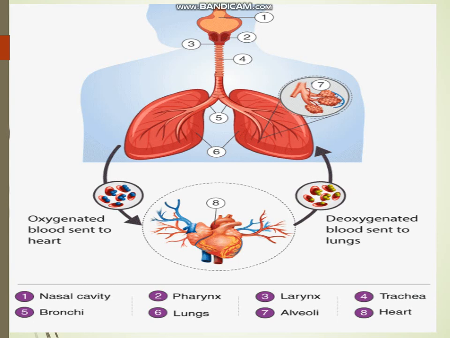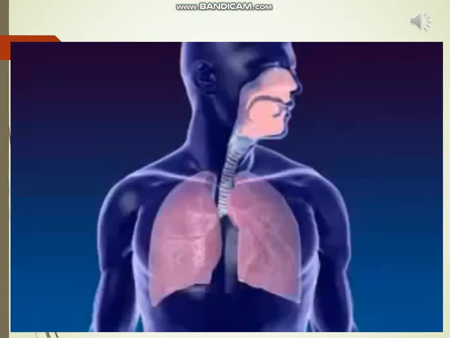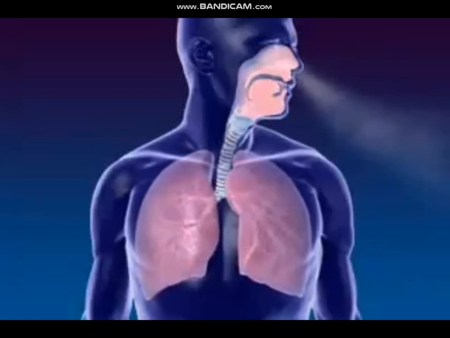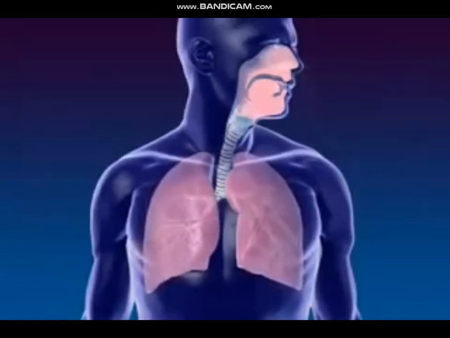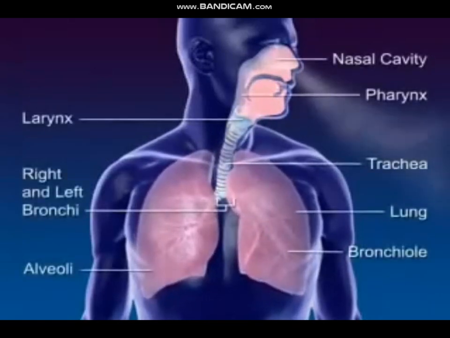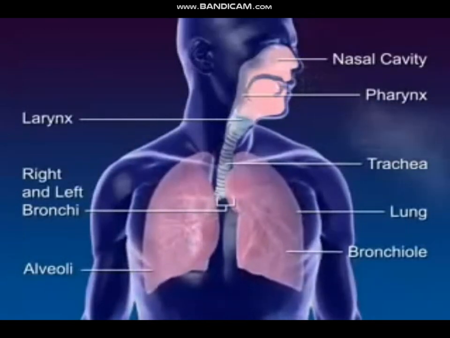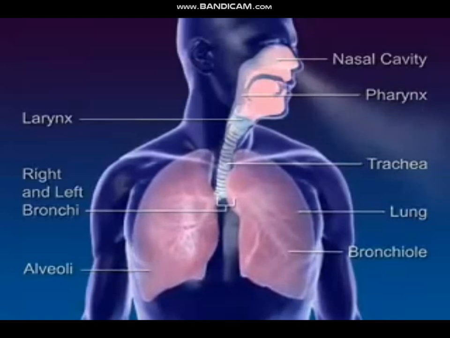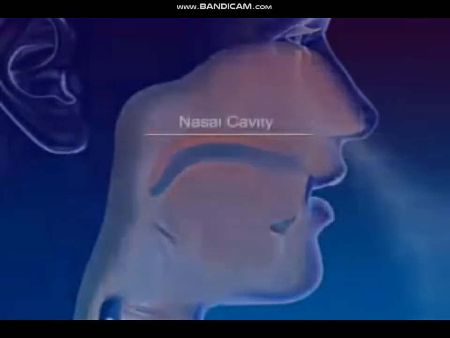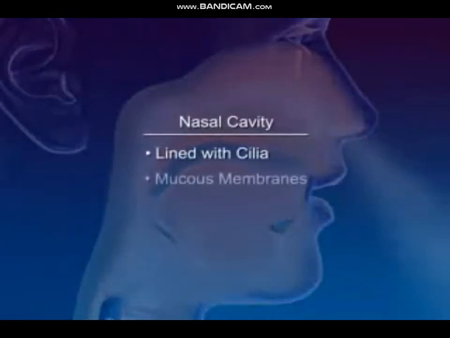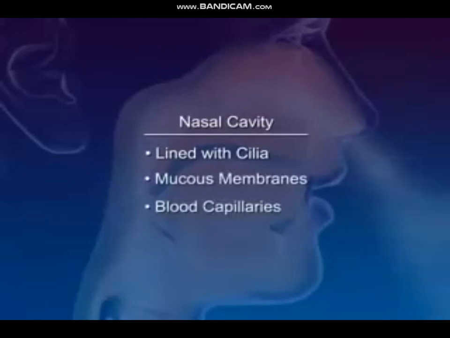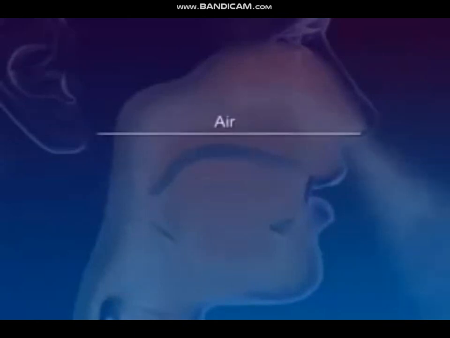Let's see this process in detail. The air is inhaled with the help of the nostrils and enters the nasal cavity. The air is cleaned by the fine hair follicles present within them. The cavity also has a collective group of blood vessels that keep the air warm. The air then passes through the pharynx, then to the larynx and into the trachea.